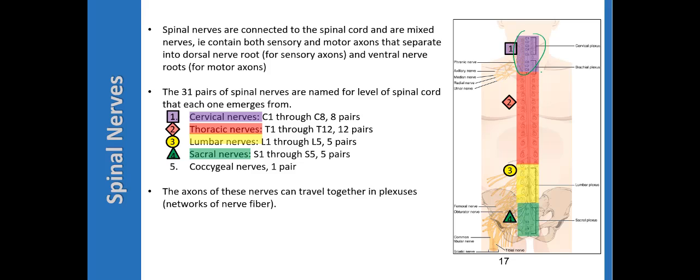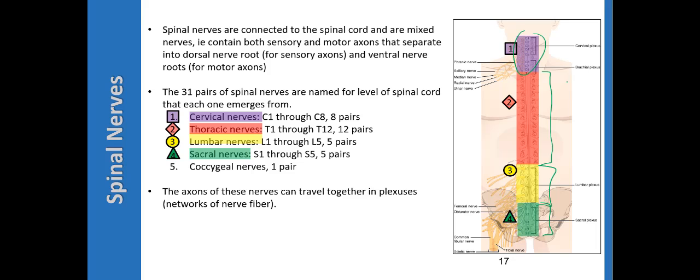There are 12 thoracic spinal nerves that emerge from the thoracic vertebrae. There are 5 lumbar nerves that emerge from the lumbar vertebrae, and then the sacral nerves and the coccygeal nerves, right? You can see that they're paired, left and right, and they're named after the level they emerge from.